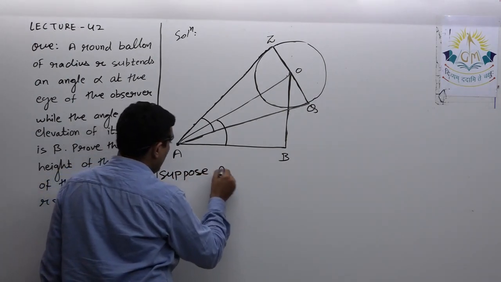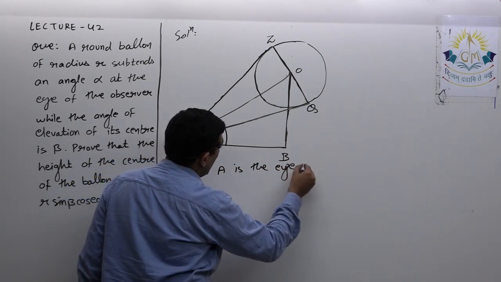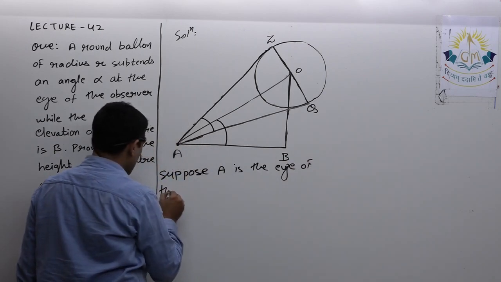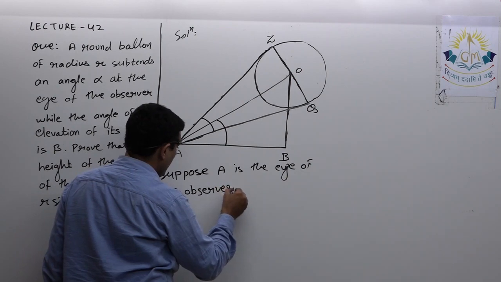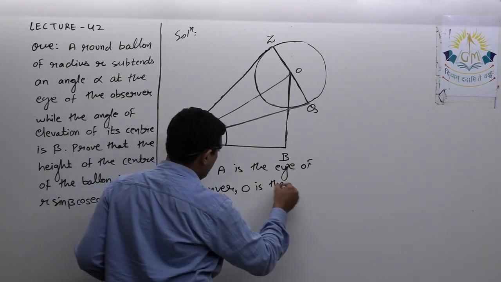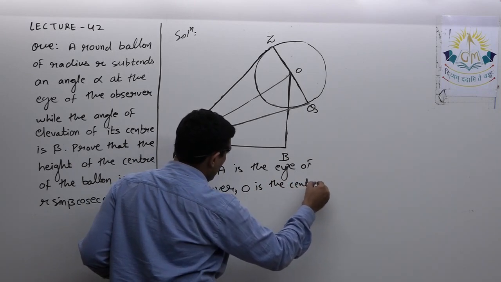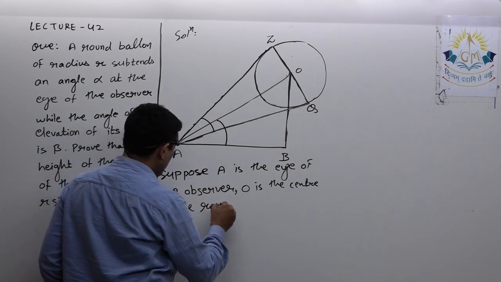Suppose A is the eye of the observer. O is the center of the round balloon.